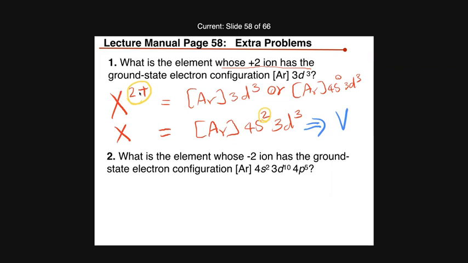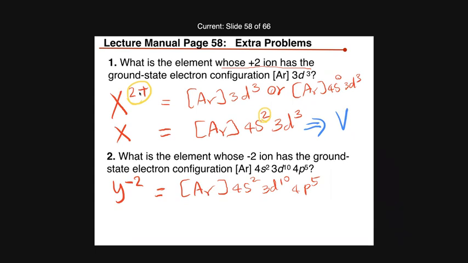If you do the same thing for 2 negative ions, you can do the same thing. If I choose this as Y, then Y2- has the electron configuration of Ar 4s2 3d10 4p5. Note that it has already gained 2 electrons, right?